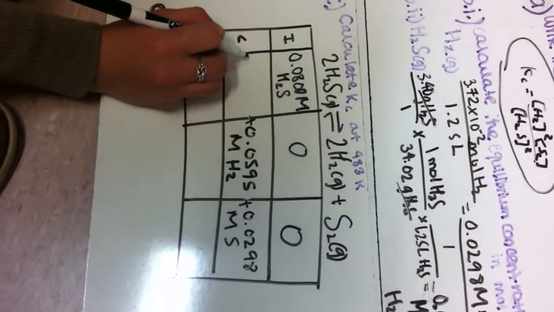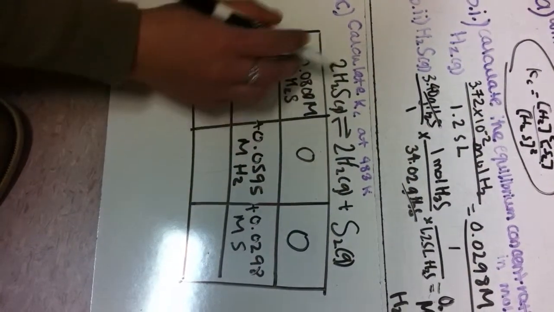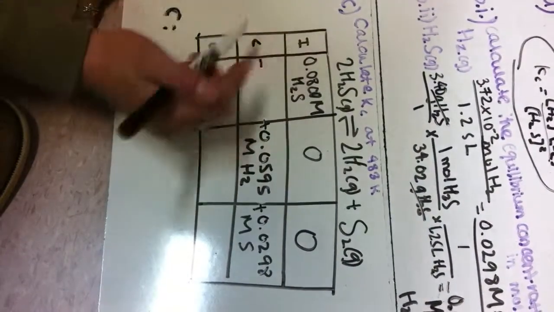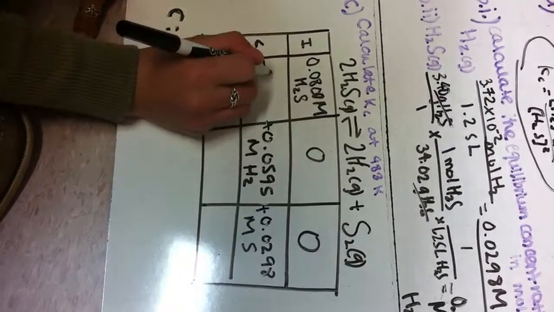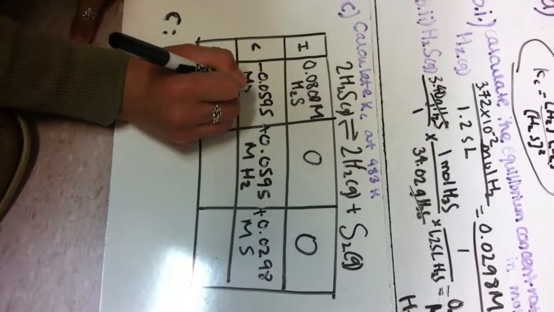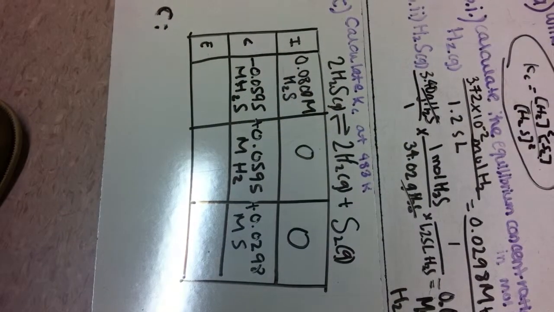And this has to be subtraction for H2S since the products were addition. Again, a coefficient of 2, we multiply by 2, which gives us the same number, 0.0595 molarity of H2S.